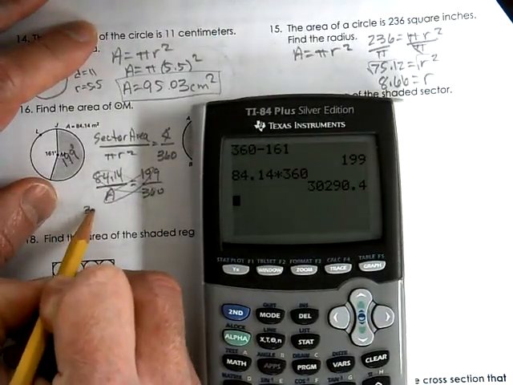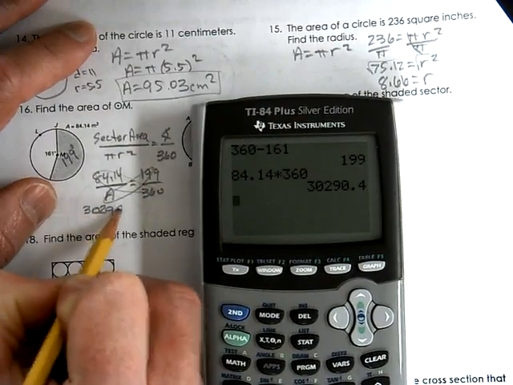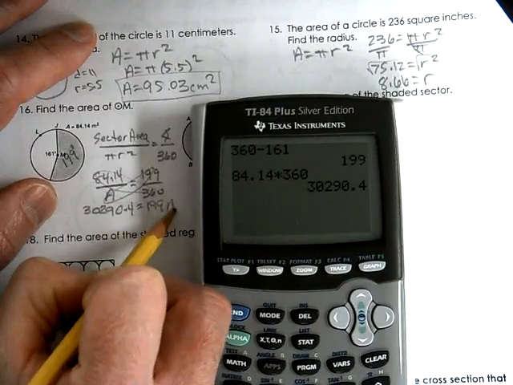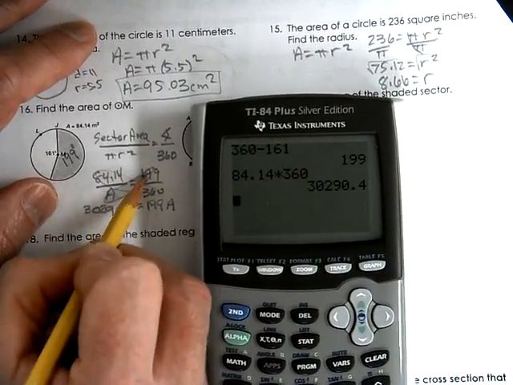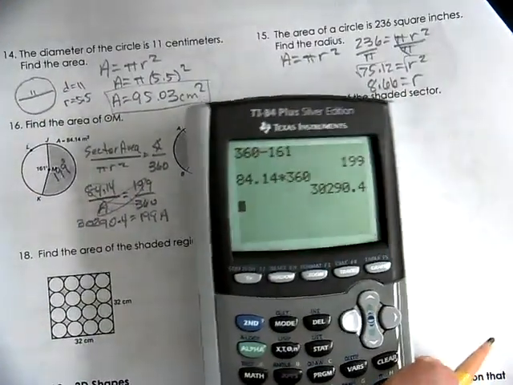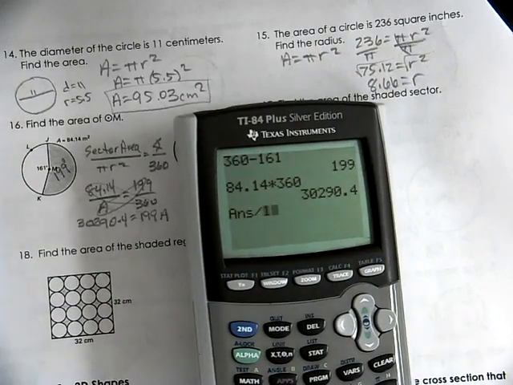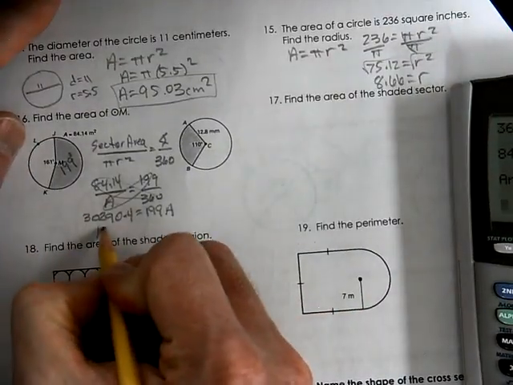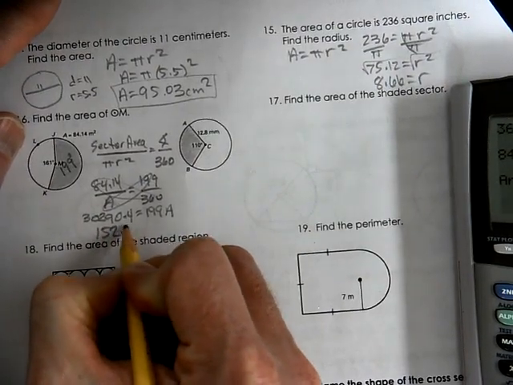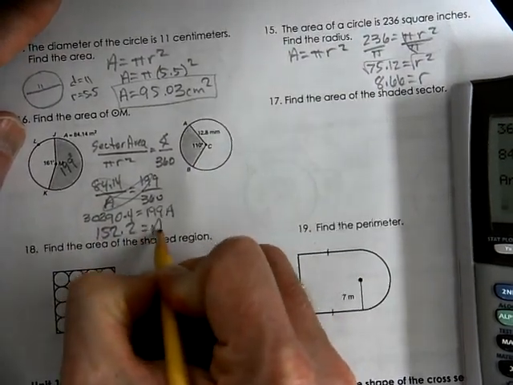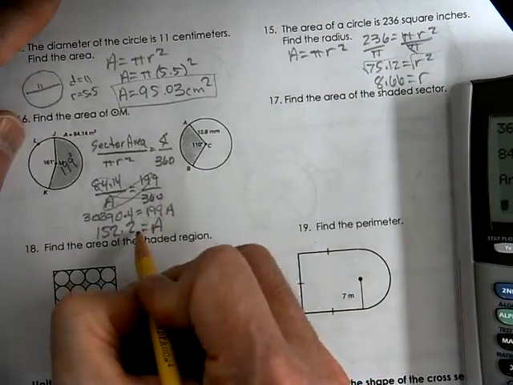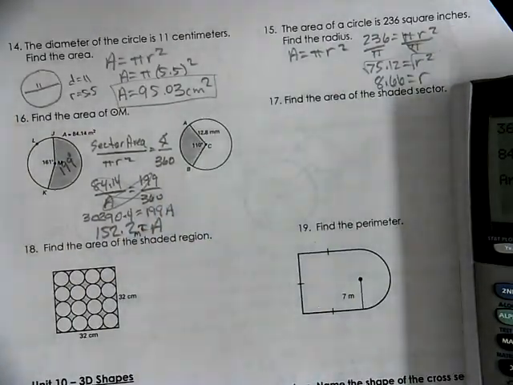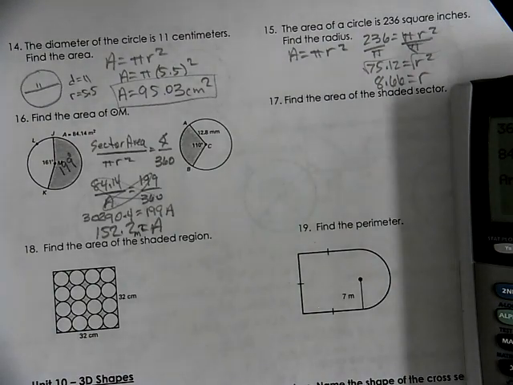That gives us this big 30,000 number. Cross multiply to the 199. So we're going to divide by 199, and that gives us an area of 152. And those would be meters squared. Square meters is the area of the circle.